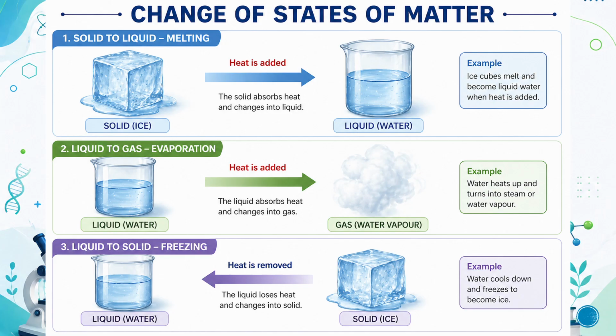Coming to the third one, that is liquid to solid, we call it freezing, and this is the opposite process of melting, right? So in liquid to solid, we are actually removing the heat from the liquid. When the heat is being removed from the liquid, the particles try to come closer to each other, thus being tightly packed and forming solid ice.